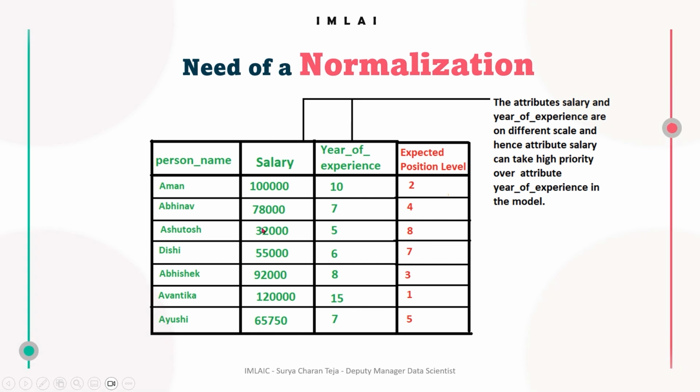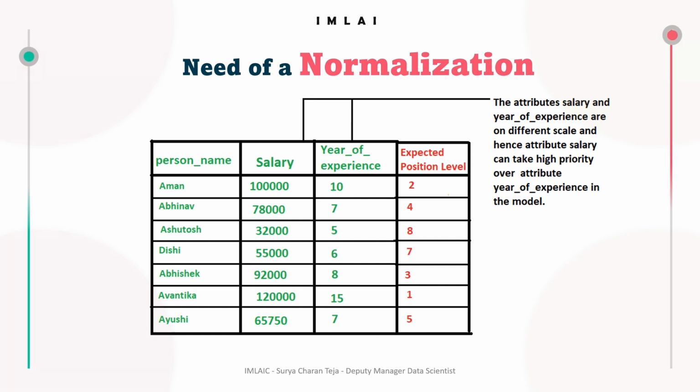The minimum are 5 digits and more than that. Now, these two attributes are at a different level. Salary and years of experience are on completely different scales, and hence salary can take high priority over years of experience in the model.